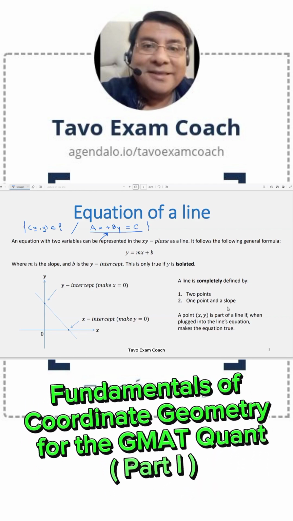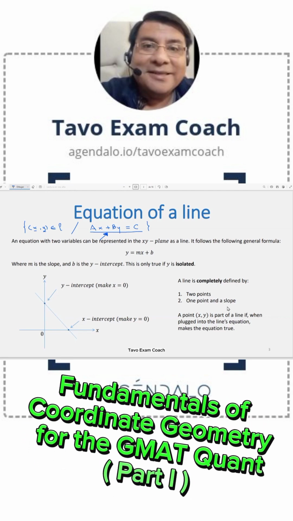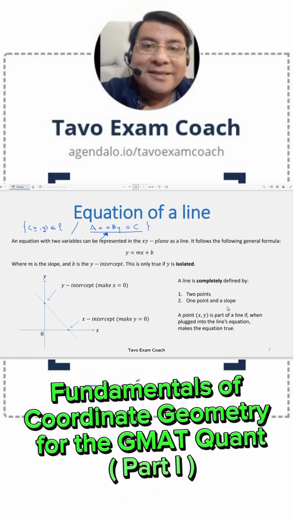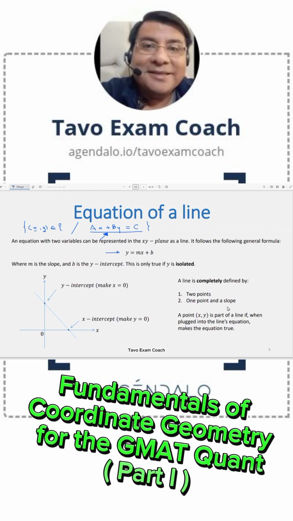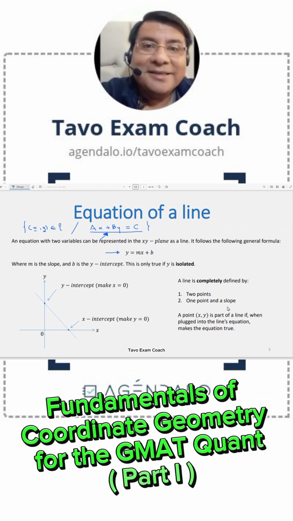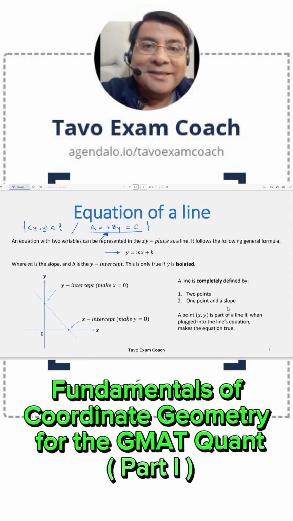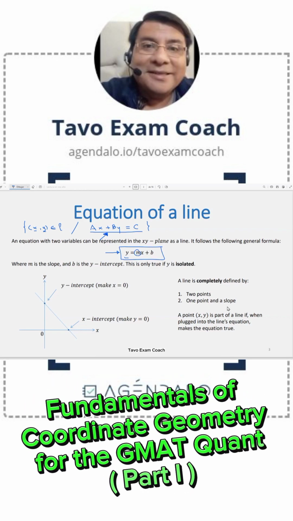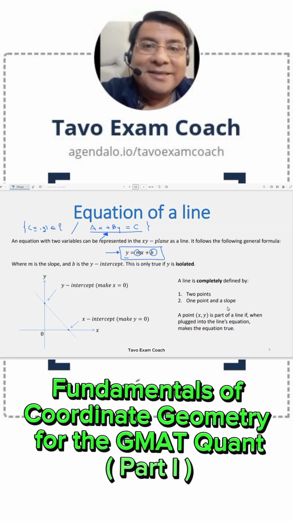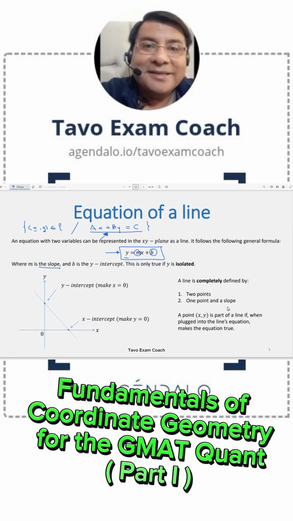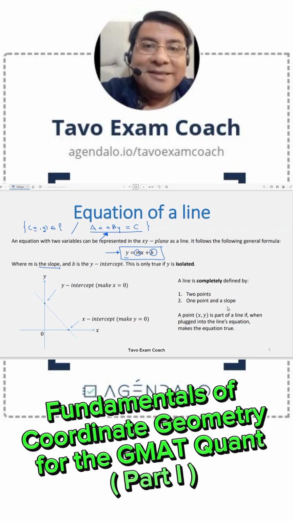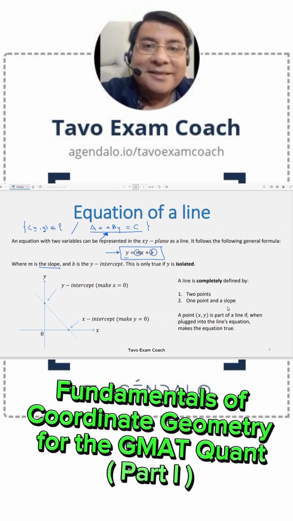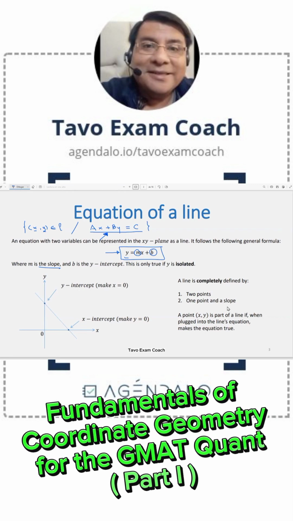If the normal equation, including variables x and y or any two other variables, is modified in such a way that we can isolate the variable representing the vertical position of points, that is y, then we get this form in which these constant values have a geometric meaning. M is called the slope and determines somehow the direction and inclination of the straight line regarding the vertical or the horizontal axis.